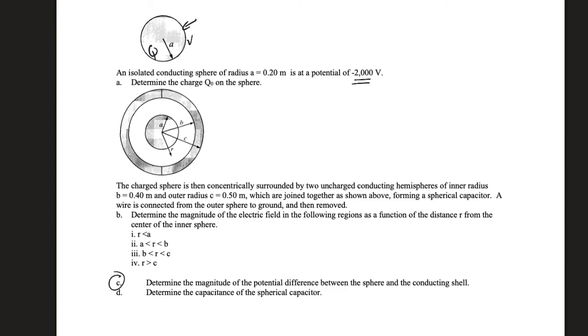When you were bringing that shell together, to put it around the sphere, the energy of the system decreased, which means it would pull the shell together. The energy had to go someplace, and it would go into work, and that work would have to be on the shell that was being placed around the outside.